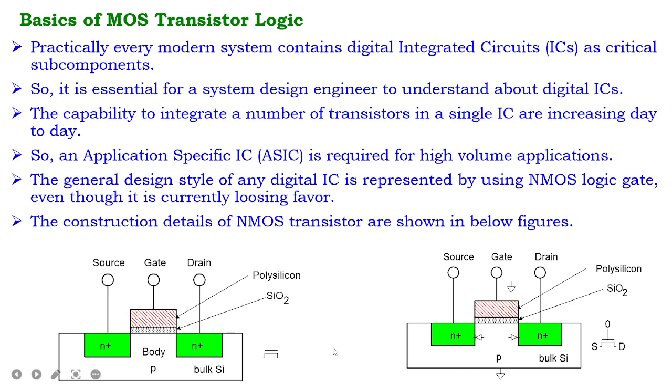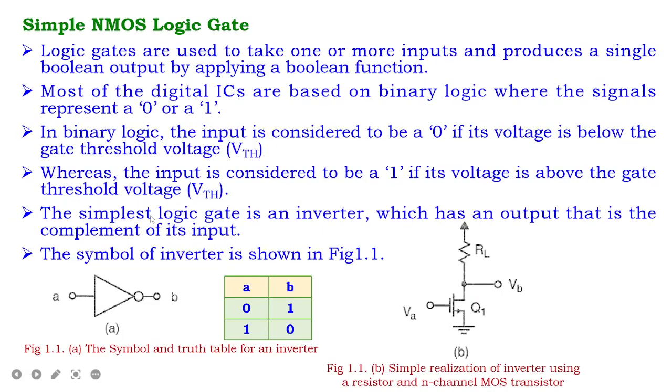As per the diagram here, you can see there are two blocks. One is the symbol of NMOS transistors, then simple NMOS logic gates. The logic gates take one or more inputs and produce a single Boolean output by applying a Boolean function.